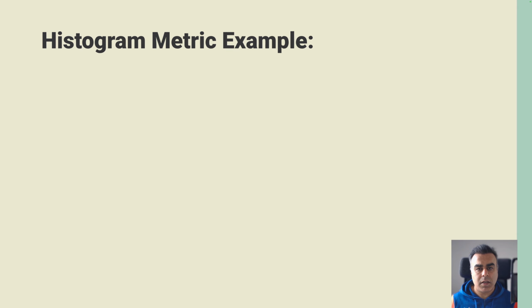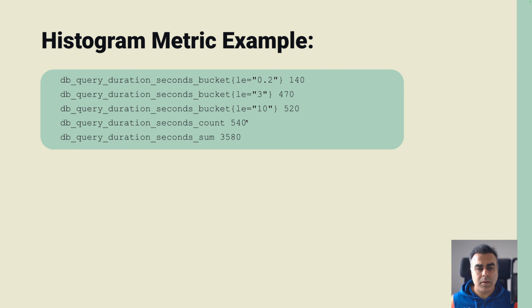Let's check an example of the histogram. So like the summary, it should have three parts: sum, count, and bucket. And we have two more metrics here that are complementary. The interpretation of such a metric is that this is about the database query duration in seconds.